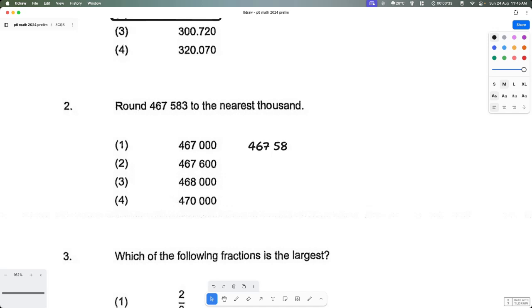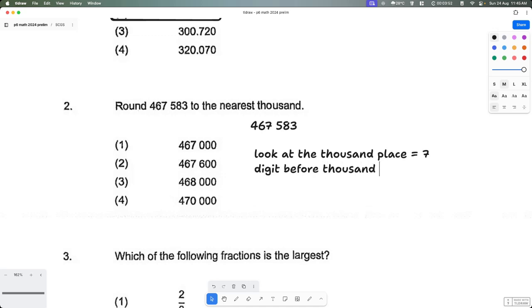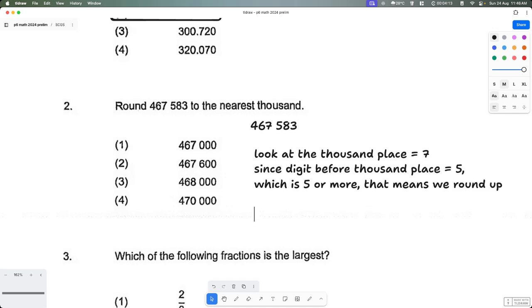Nearest thousand means look at the thousand place, which is 7, and the digit after it, which is 5. Since that digit is 5 or more, that means we round up.